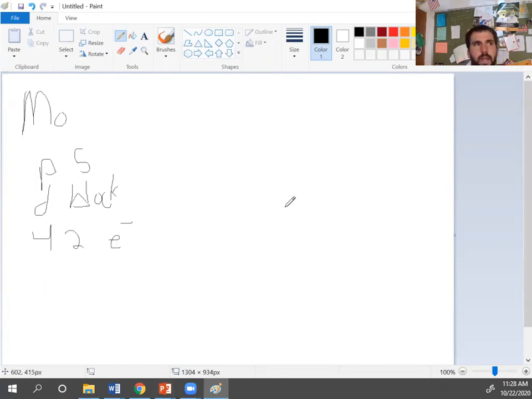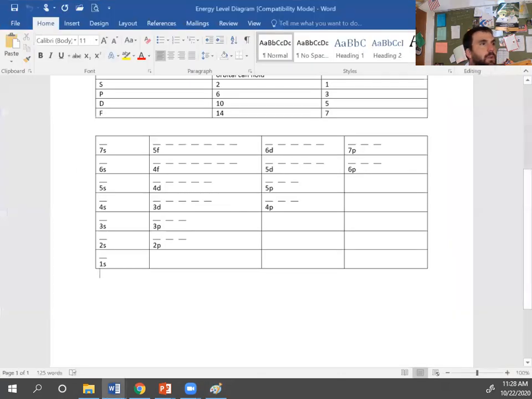Now to my energy level diagram. What's the last orbital I'm going to write? 4D. Why 4D and not 5D? Because it's in period 5. That's a very common mistake. People want to put 5D because all they see is period 5.